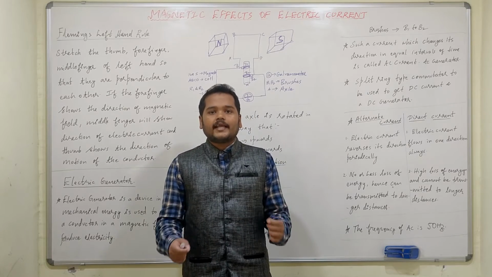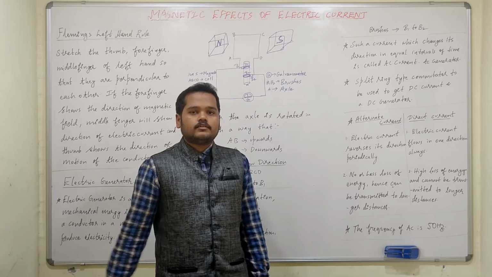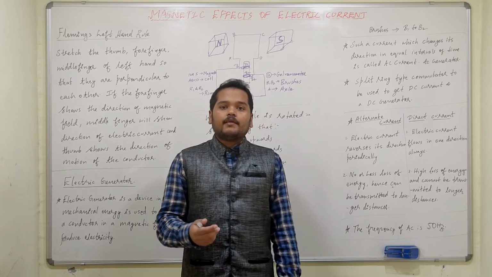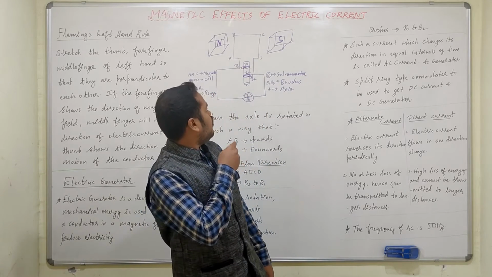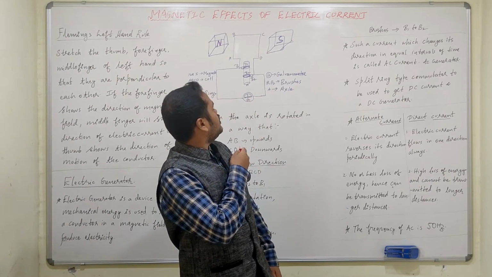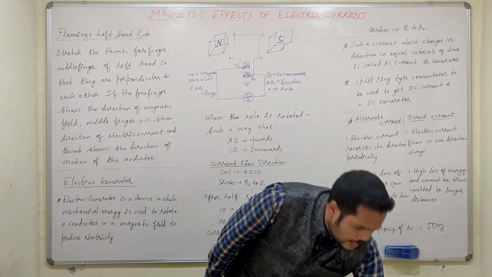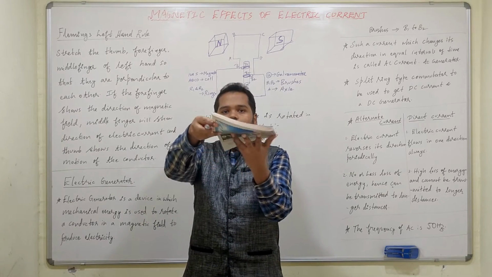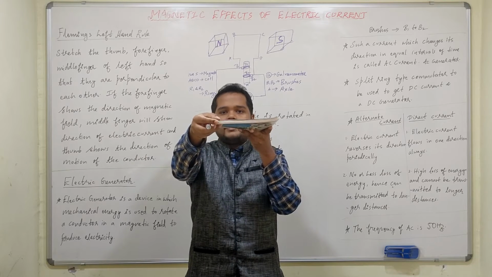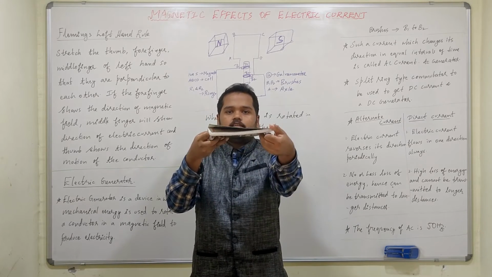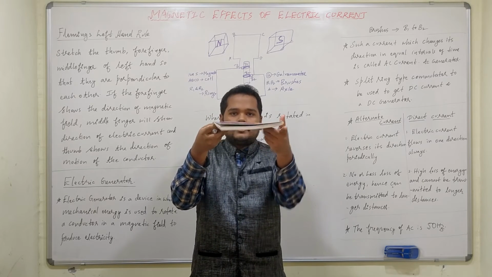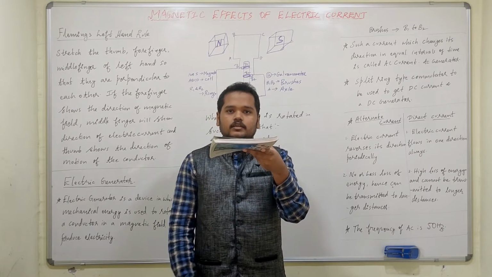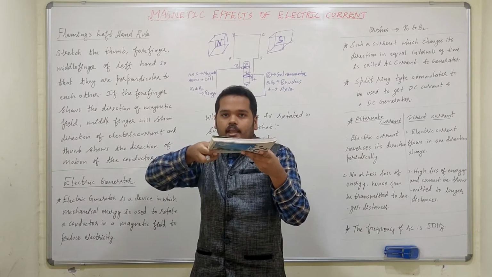Now if we use mechanical energy and rotate this rectangular coil ABCD in such a way that AB moves upwards. Let us consider this book as an example. Let us consider this end as A, B, C, D. Now we have to rotate this coil using mechanical energy in such a way that AB goes upwards.